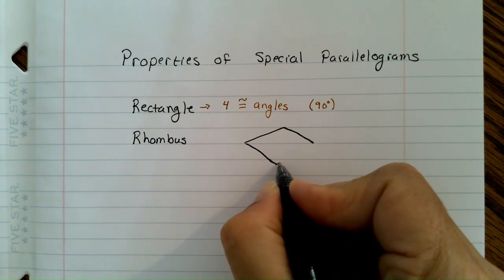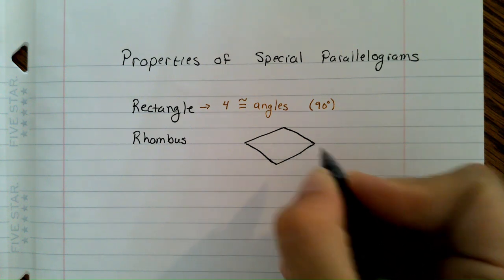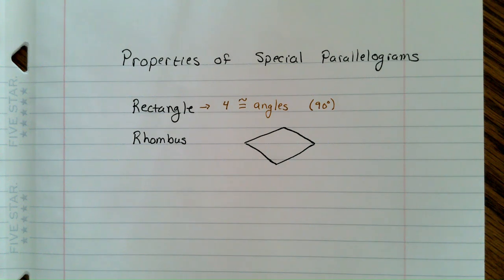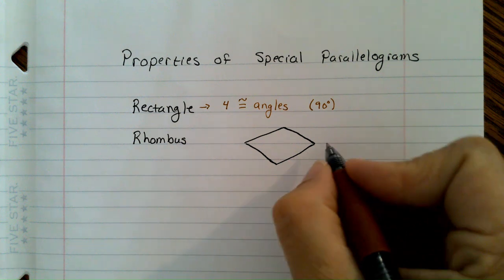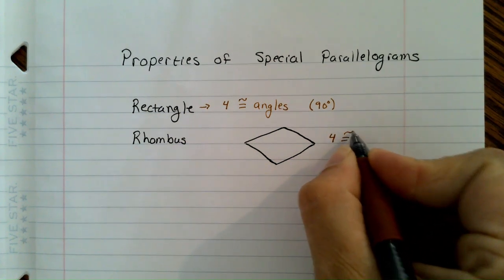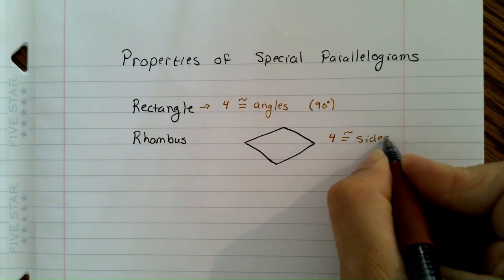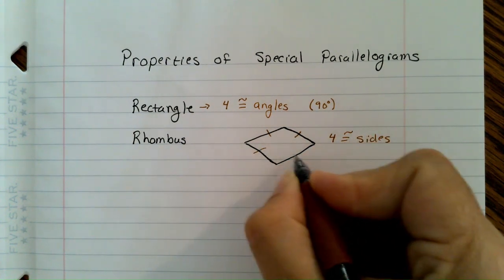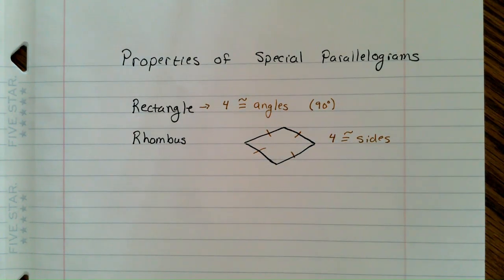I may not be doing a very good job of drawing this. I know I'm not. But it has four congruent sides. Now remember, these are both parallelograms. So one is four congruent angles, one is four congruent sides.